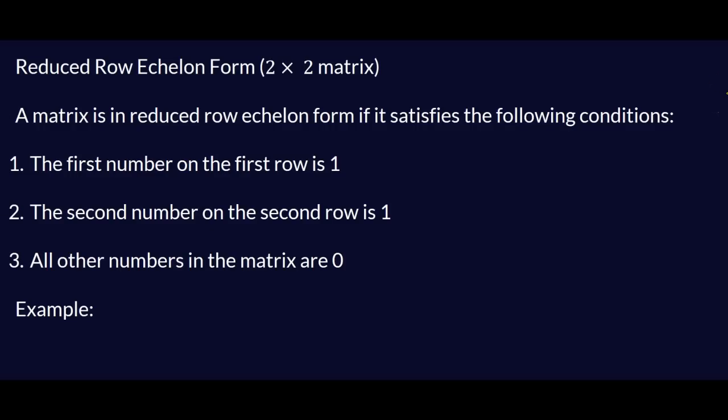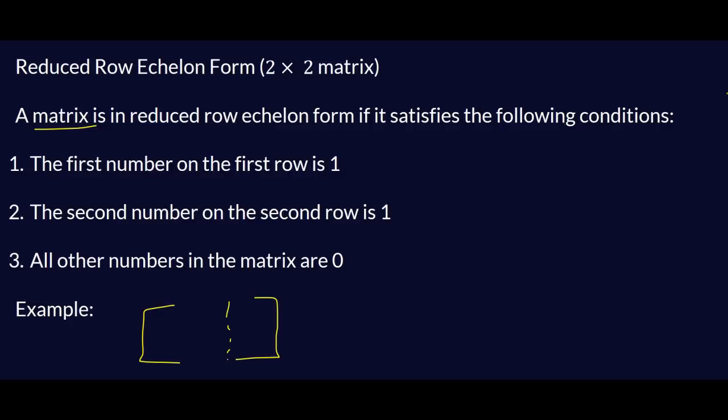What is a reduced row echelon form of a 2 by 2 matrix? First of all, we need to realize that a matrix is in reduced row echelon form if it satisfies the following conditions. So what we're going to do here is draw a matrix, and I'm going to put a vertical line right here to represent the constant values.